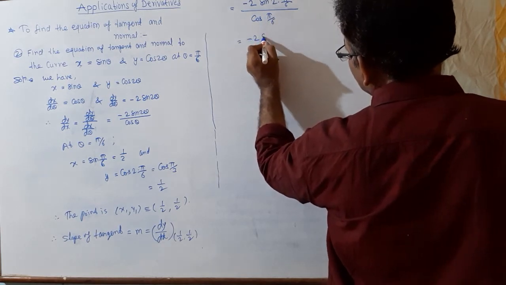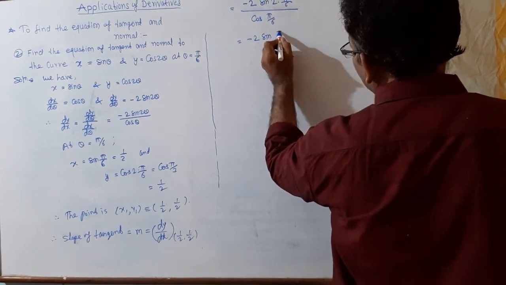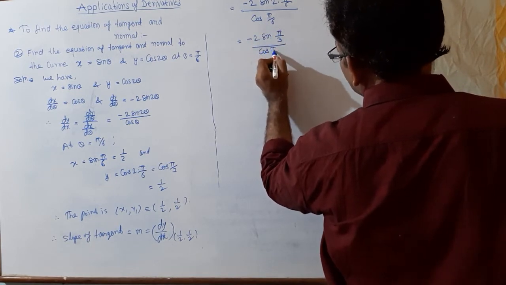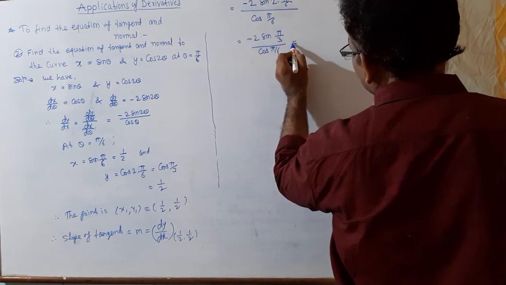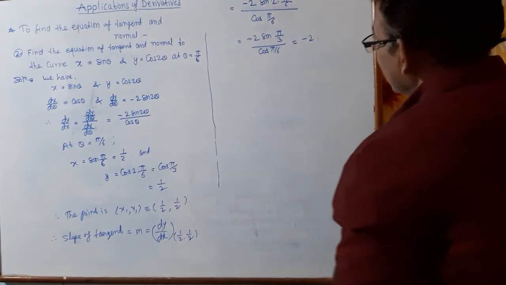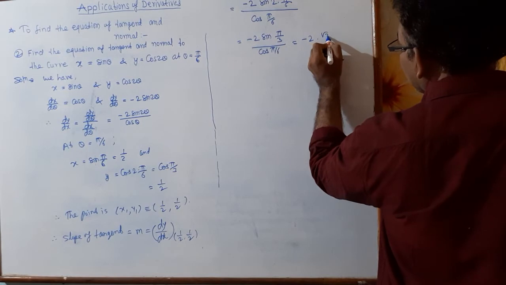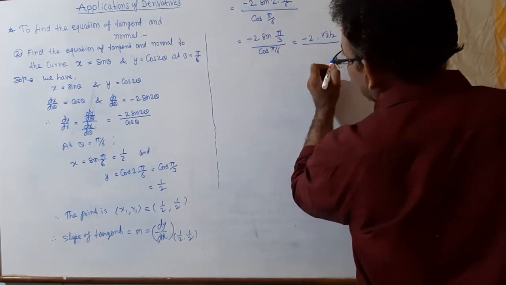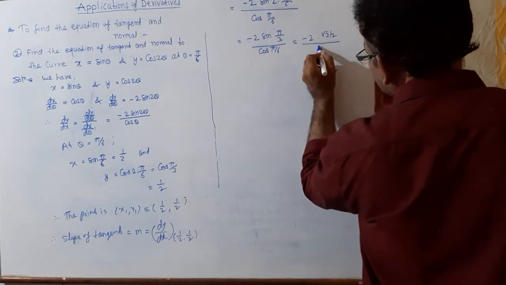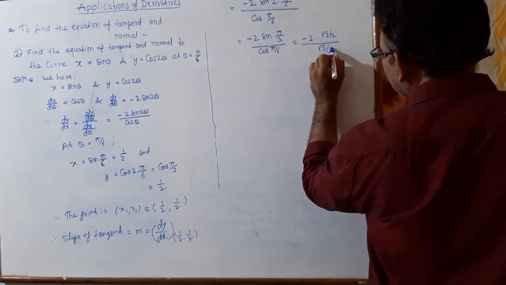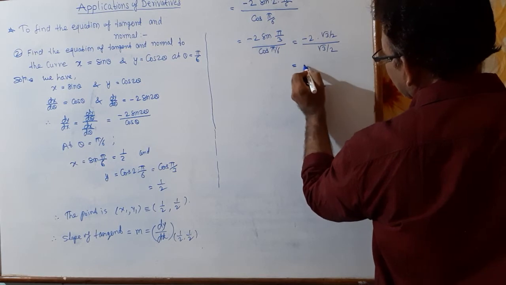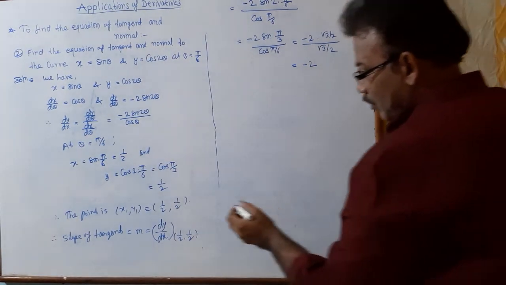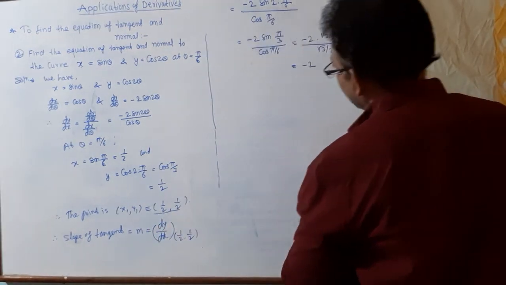So minus 2 into sin pi divided by 3, cos pi by 6, that is minus 2 sin 60, root 3 by 2, cos 30 here, cos 30 also root 3 by 2, cancel, and we get only minus 2, right? The slope of tangent.